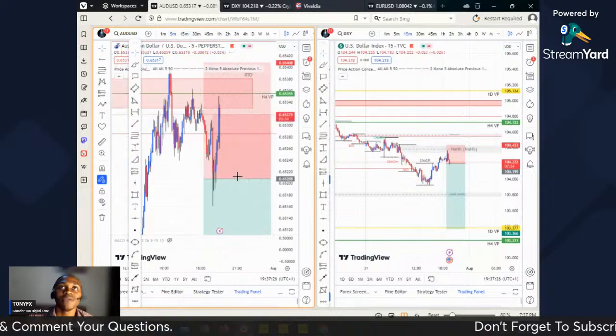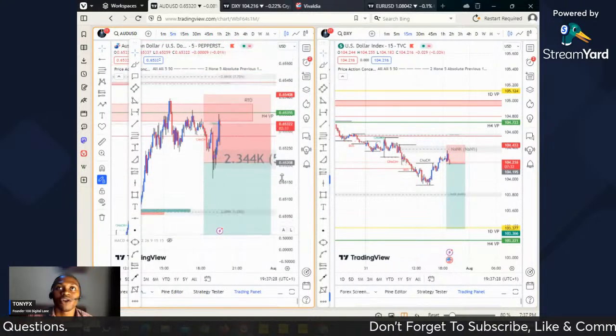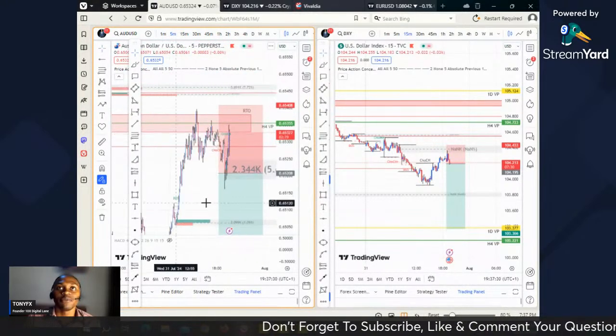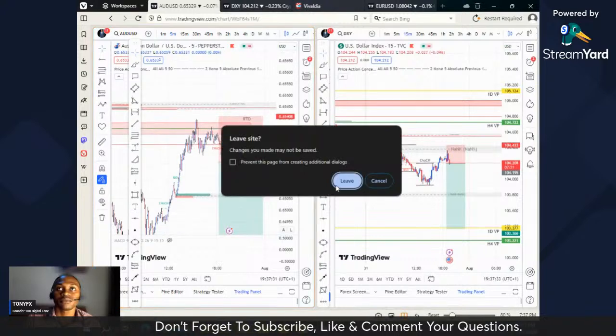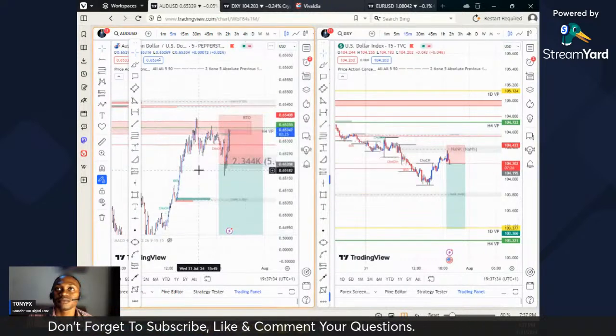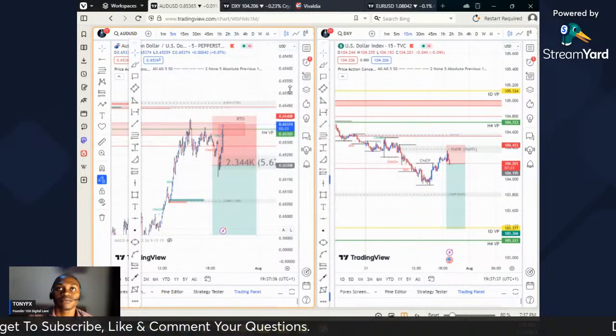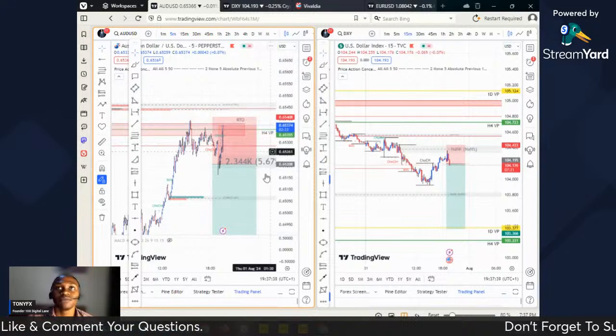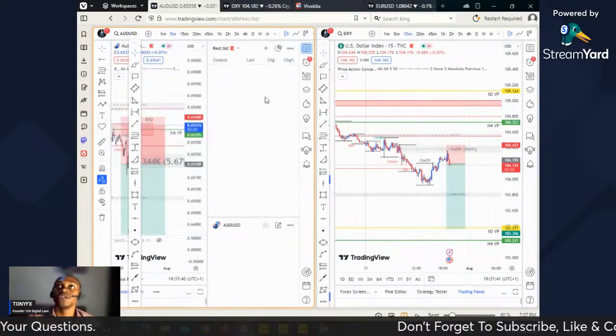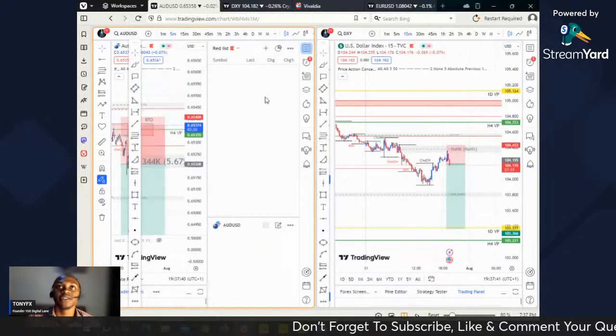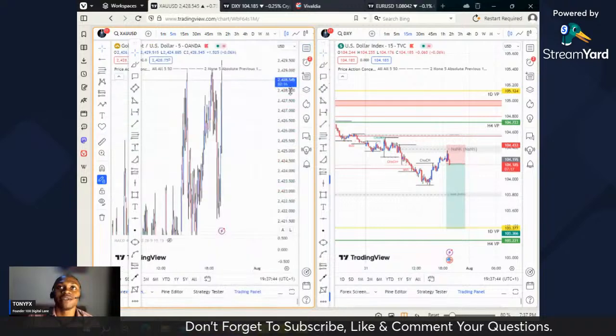We have a change of character on AUD on the 5 minute time frame, and the market is moving up massively, AUD USD. Another pair you can consider is gold.